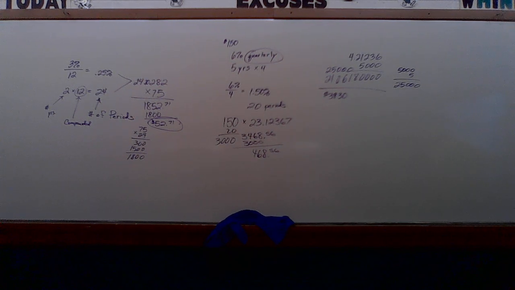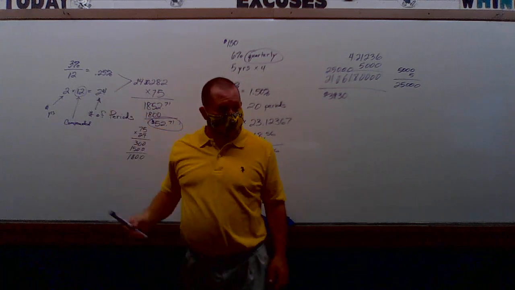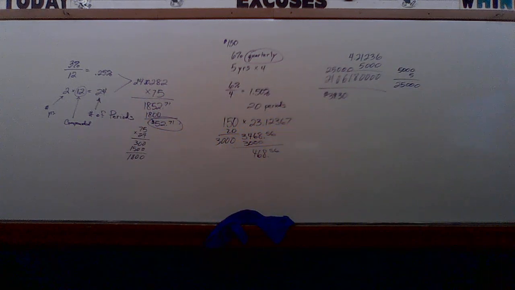Divide by 12. And how many periods would I have? Looks to me, for this one, we would only have 12, right? 12 periods because it's only 1 year. So 3 divided by 12 again, you should have 0.25%. And then 12 in your bluish green one.